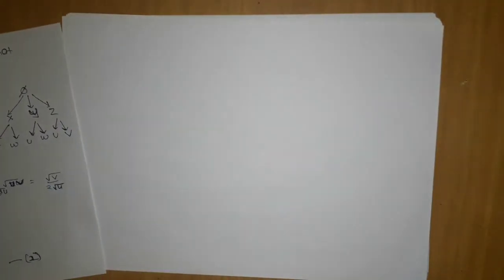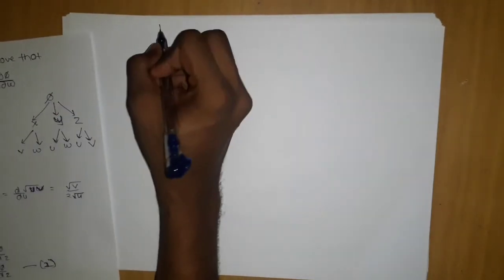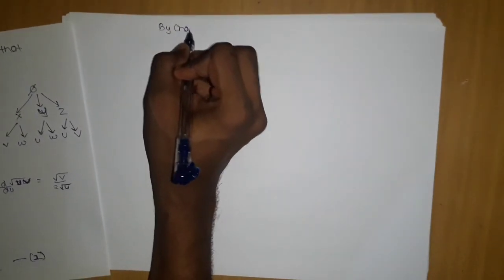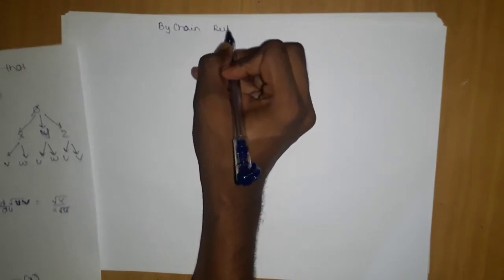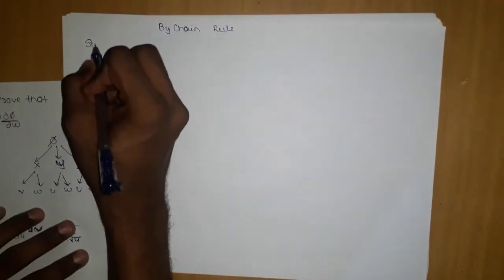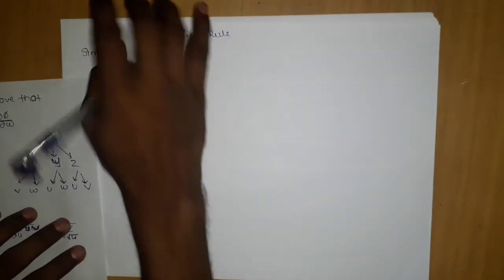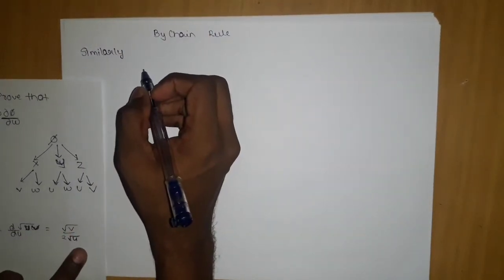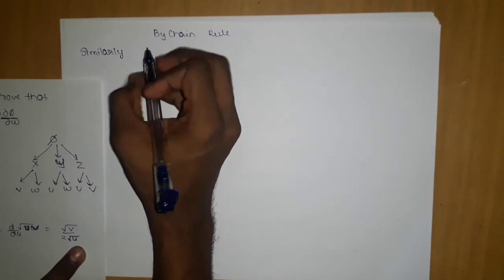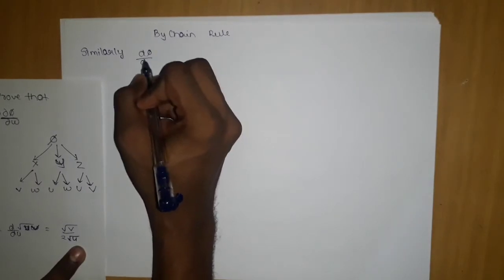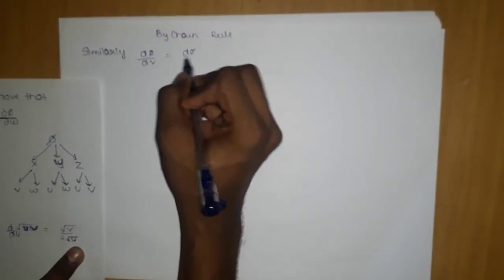Now we are not going to find out the whole thing again. We are going to mention by chain rule. We will write here similarly, dou phi by dou v will be what? Dou phi by dou x.